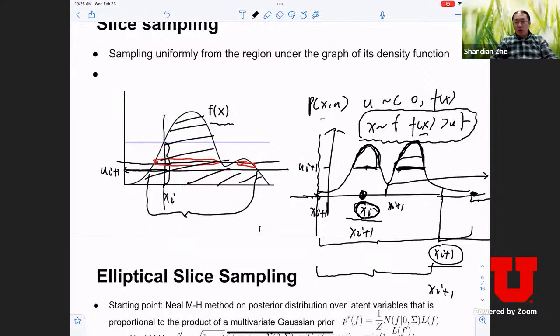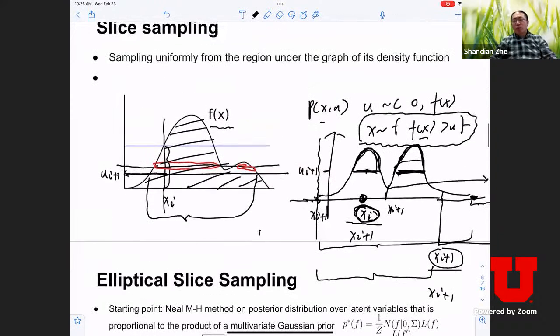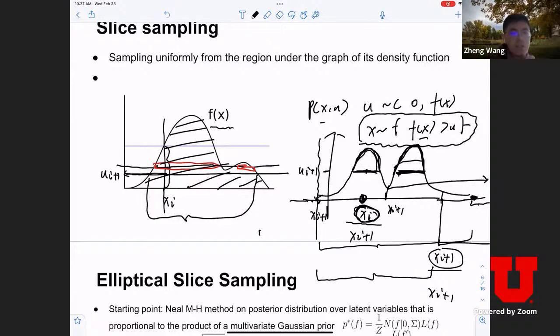Okay, I think it's a two-way. It actually tries to use a recursive way to find a sample in a valid region. As long as you can find a sample that way, then you are done. So basically it's a Gibbs sampling procedure, right? For the slice sampler.